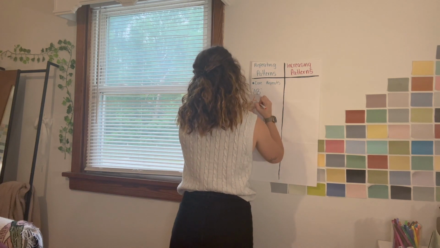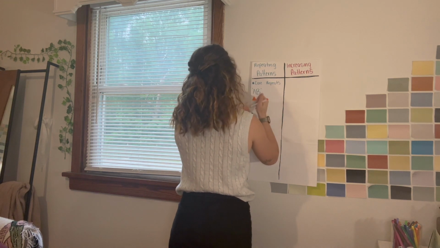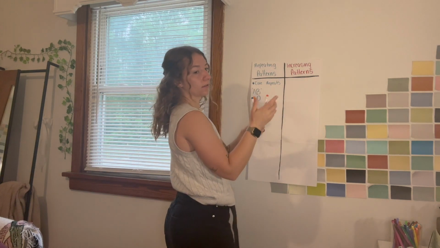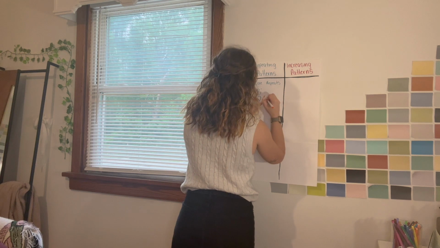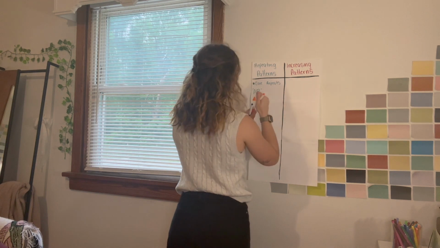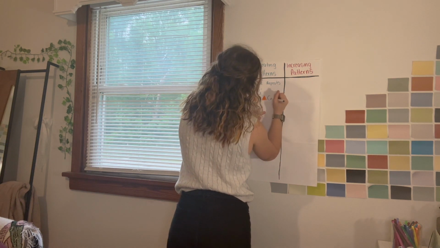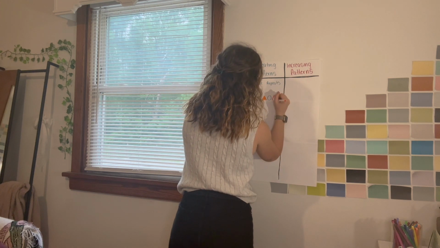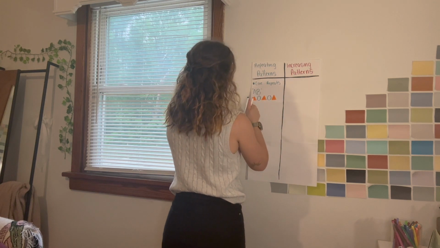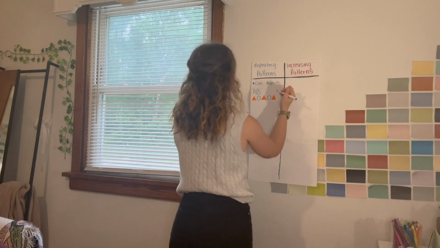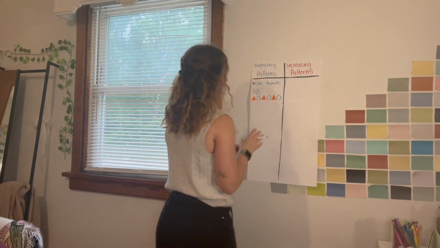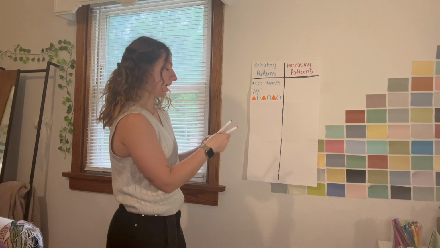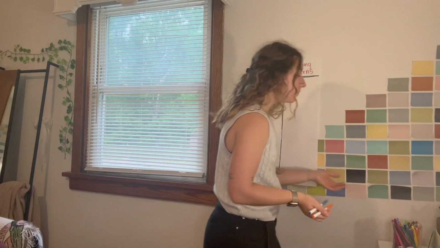So it would be triangle, circle. What could go next? Yeah. Triangle, circle. What's next? Yup, triangle, and then another triangle, right? No, a circle. All right, so that would be an A-B pattern.